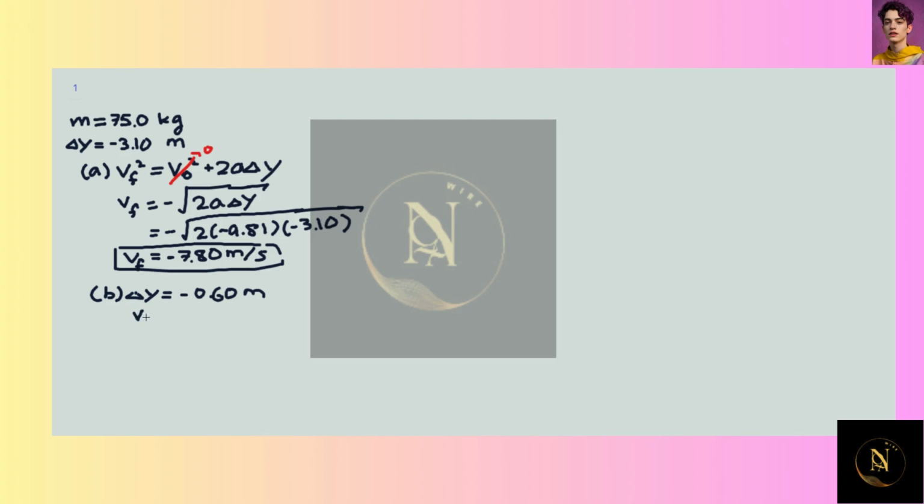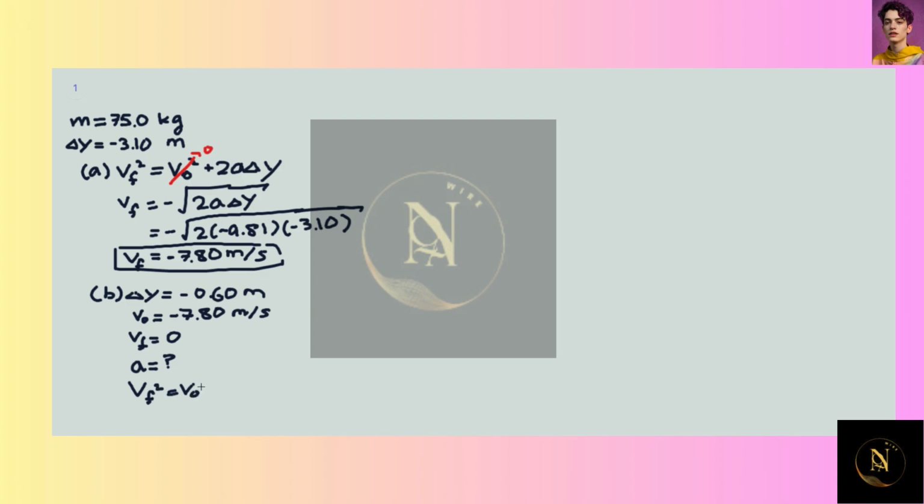And now the number that we found in the previous part is what we're going to call our initial velocity of negative 7.80 meters per second, because we know that his final velocity when he finally finishes bending his knees, comes to rest, is 0. So over the course of this interaction, we want to know what the acceleration was in order to achieve that. And because there's no mention of time, we're again going to use the same equation, just with slightly different labeling.